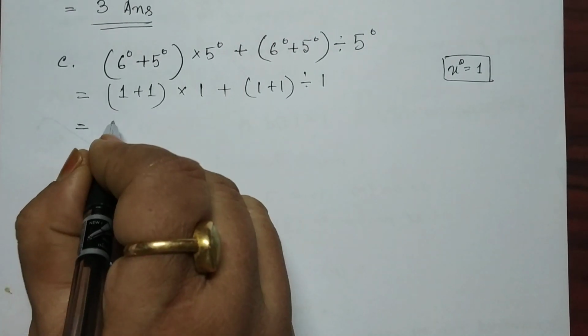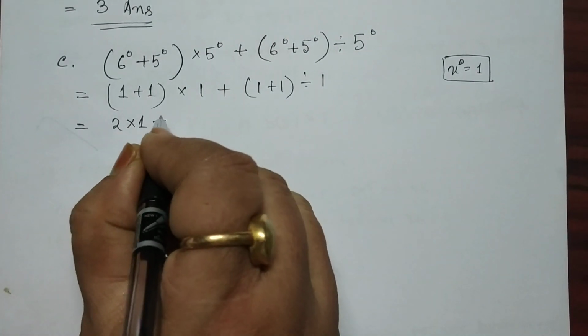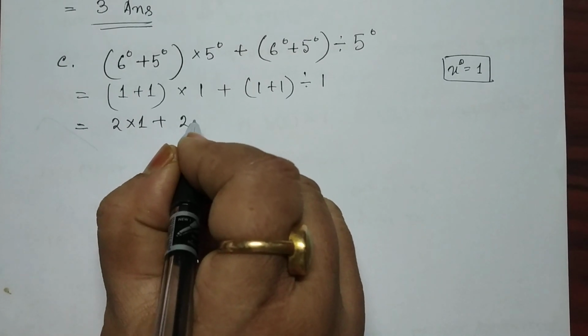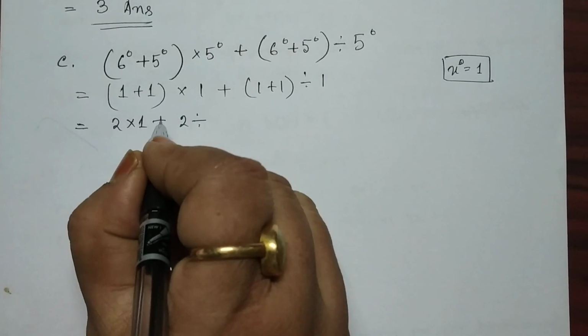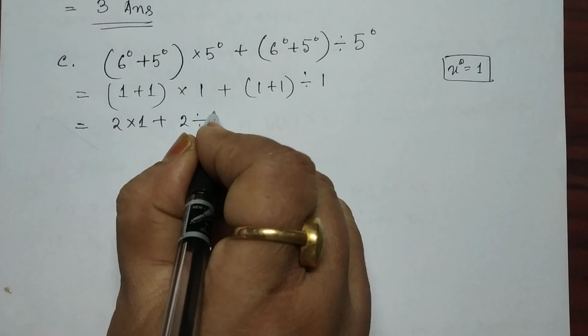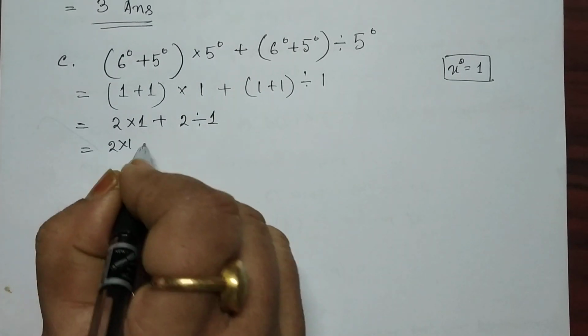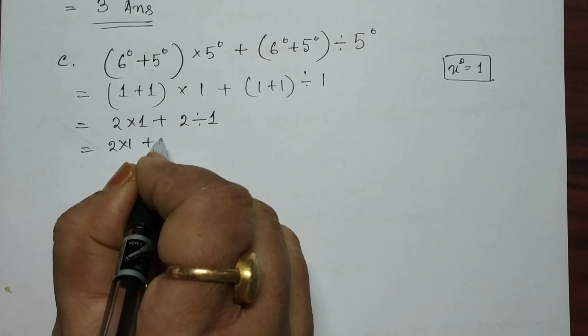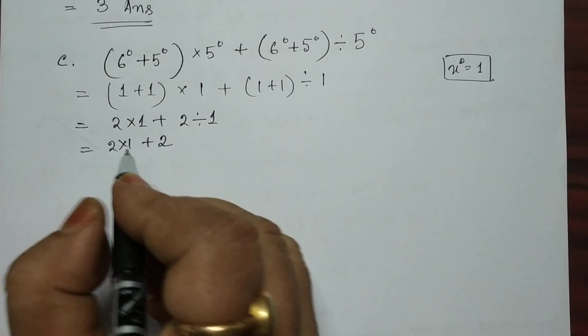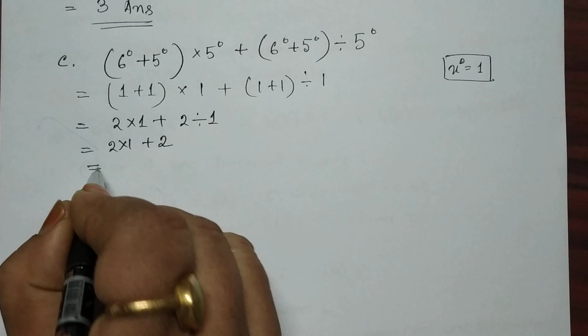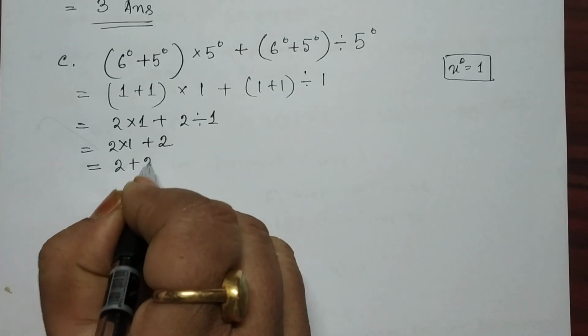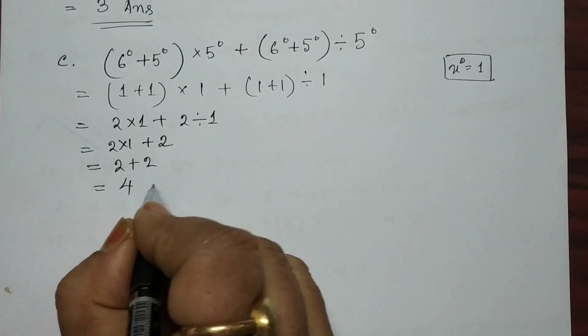Now 1 plus 1 means 2. 2 into 1 plus 2 divided by 1. First we have to divide. Therefore 2 into 1 plus 2 divided by 1 means 2. This means 2 into 1 means 2, 2 plus 2, therefore our answer is 4.